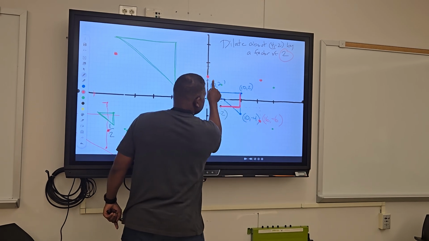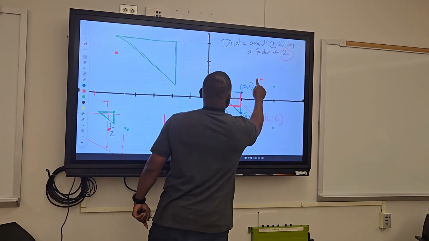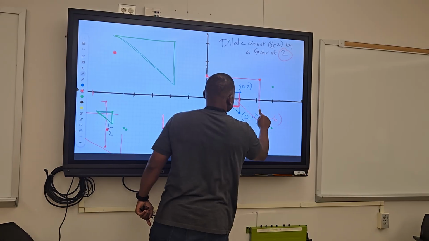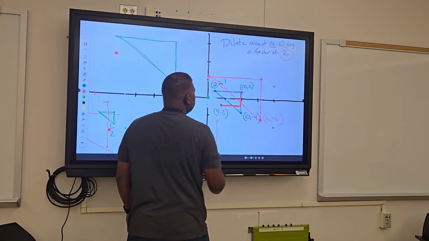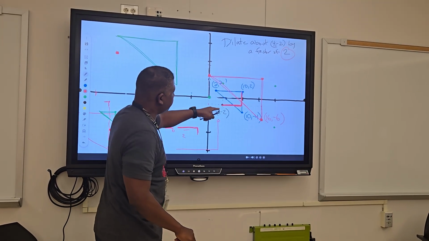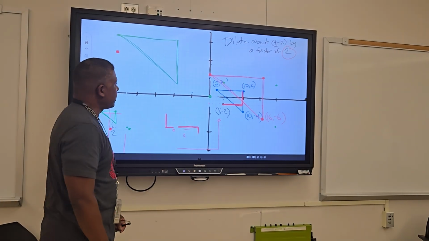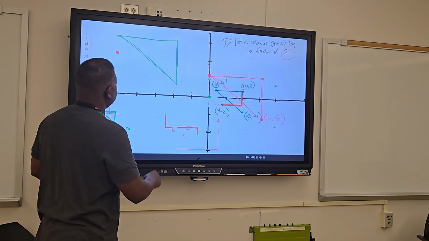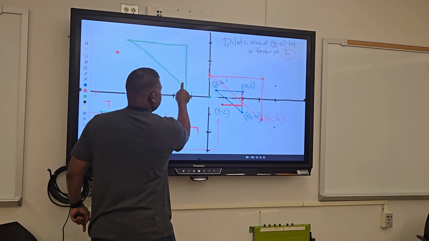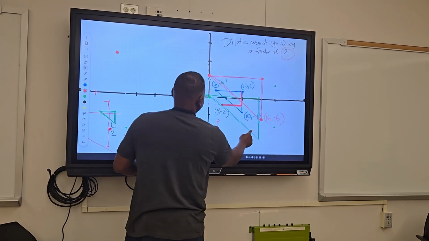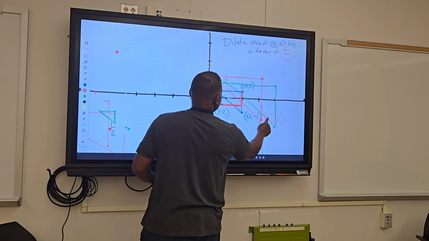So do we see that if I dilate this blue triangle about 4, negative 2, we have this red triangle? Yes. Now, I want you to take a look at the original triangle that we had. When I dilated about the origin, didn't 2, 2 become 4, 4?